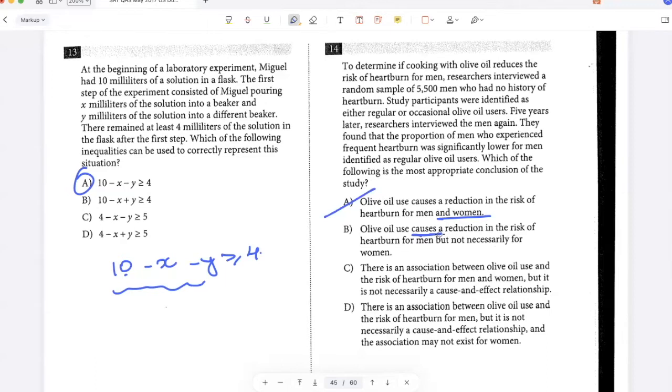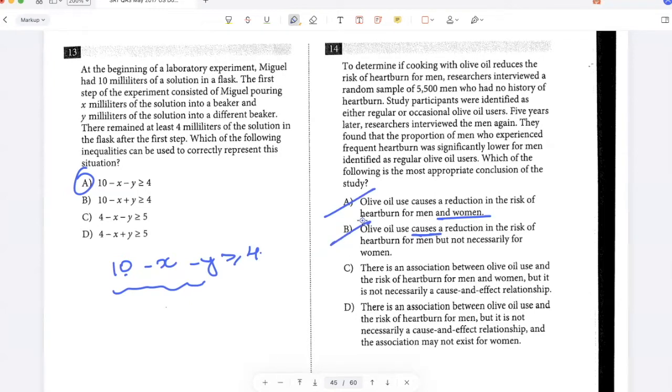So what if the participants who consumed olive oil were also the ones who exercised more, right? So it's possible that the reduction in heartburn was due to exercise, not olive oil, right? So if I want to establish causation, I need to make sure that every other factor is controlled. So I don't like B.